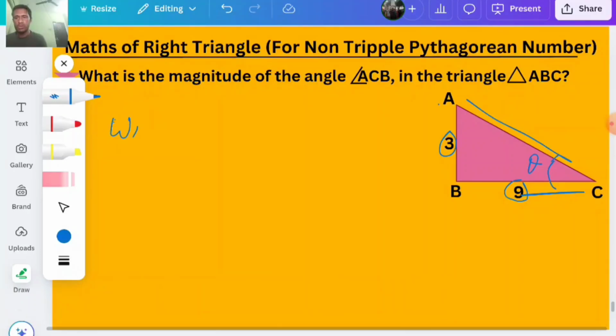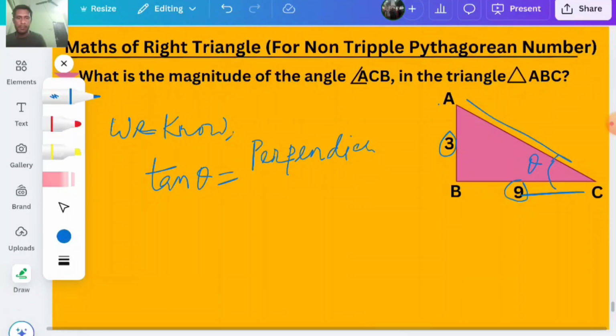So we know tan theta equals perpendicular divided by base, equals 3 divided by 9, equals 1/3.